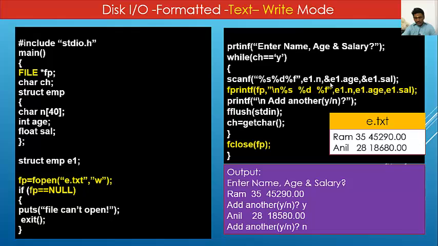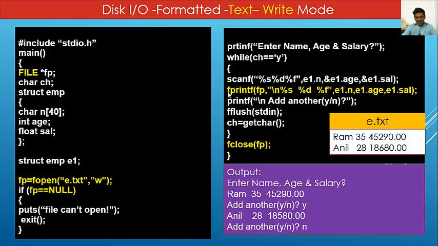It gets input for 3 structure elements, that is e1.n, e1.age, e1.sal. We enter data, that is name, age, salary. The name is assigned to e1.n, 35 is assigned to e1.age, 45,290 is assigned to e1.sal.